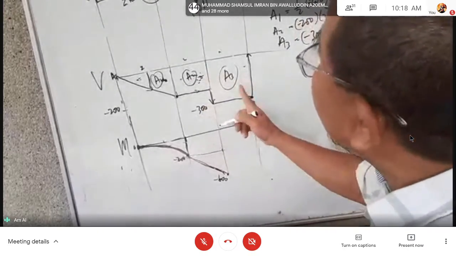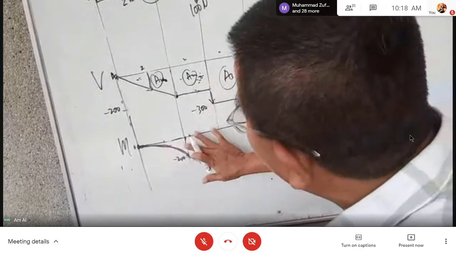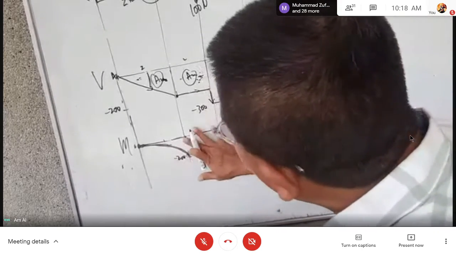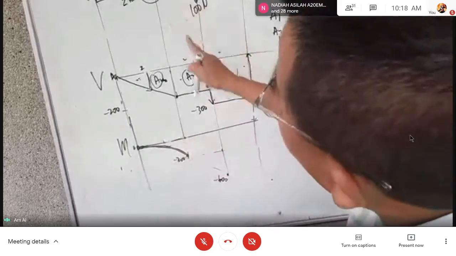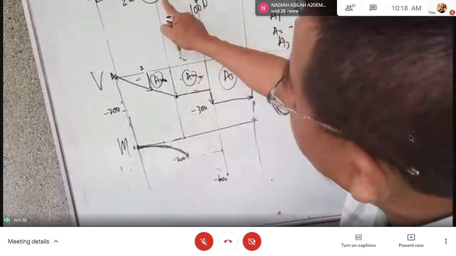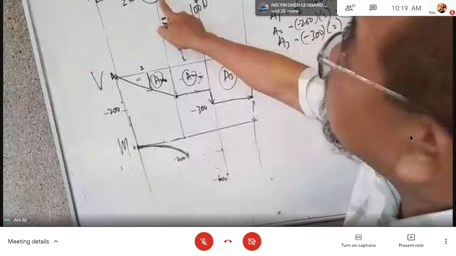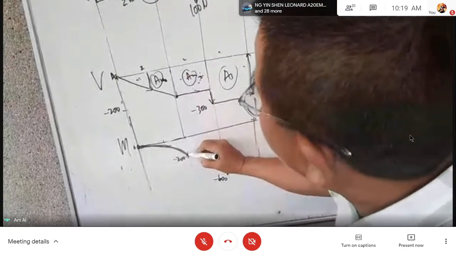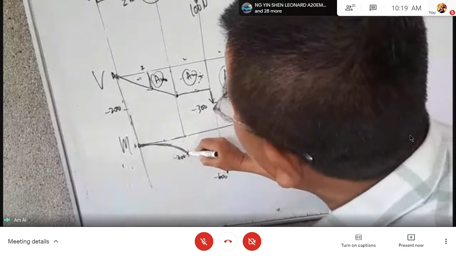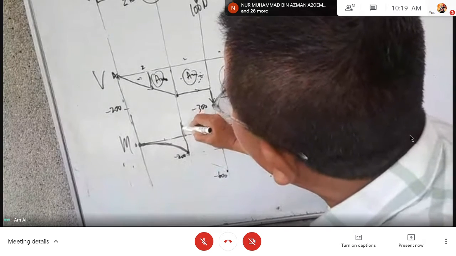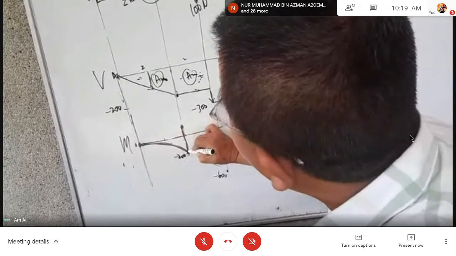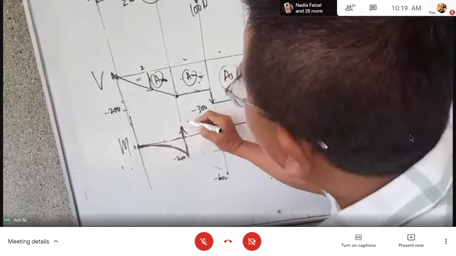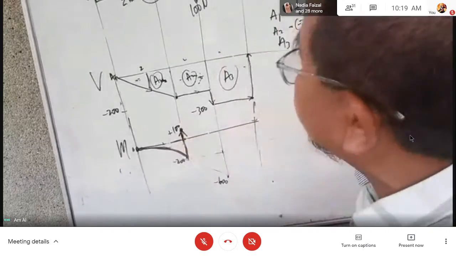And then there's another, sorry. Before I do that changing, I forgot. Before I go to that area, I have to bring up the 300. So jump there from minus 200 to positive 100. So this must be positive 100.